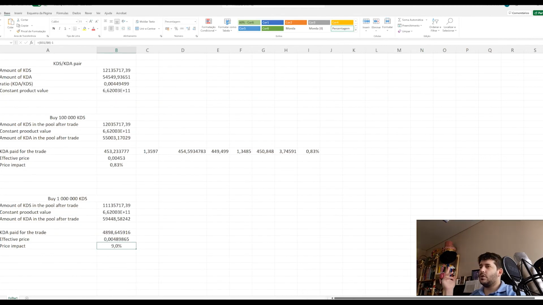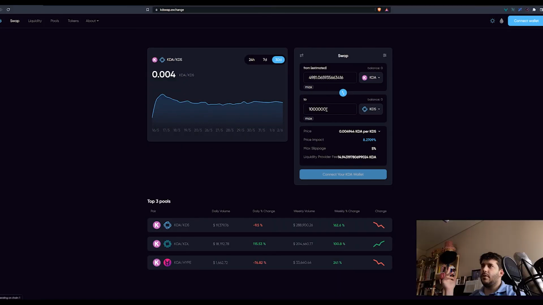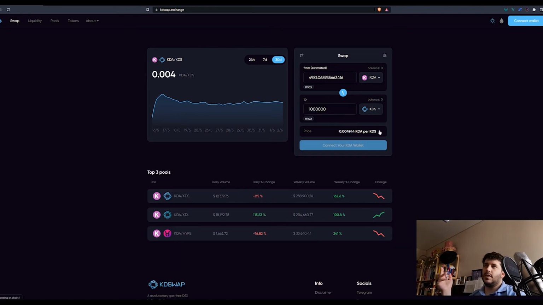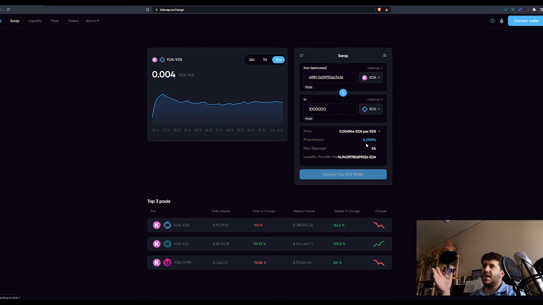And if we go to the pool now, this is 100 million KDS, and you can see that this is almost 9%. There's a little difference because the ratio probably changes as well, but this is what you pay.